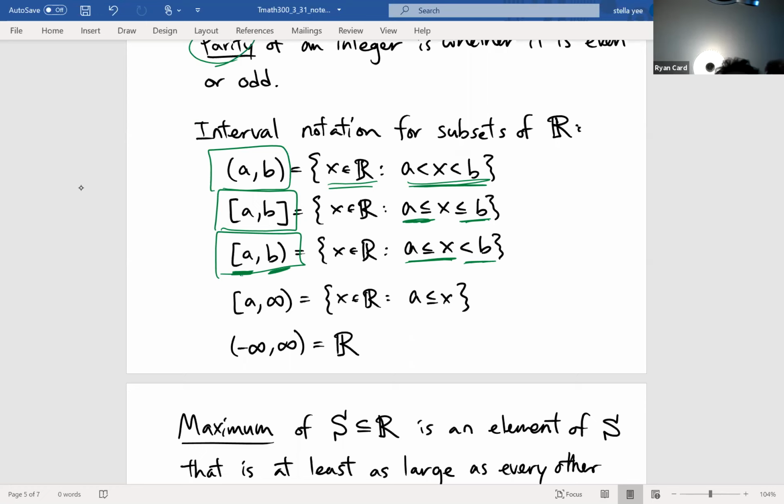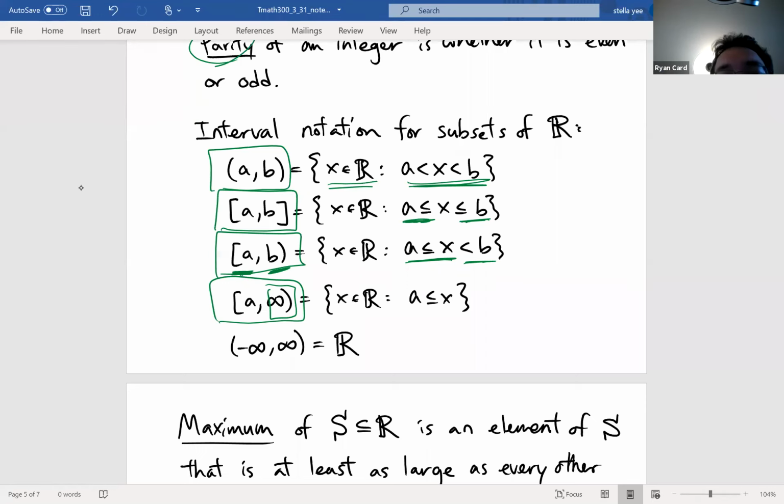You could have intervals going off to infinity. If I write something like this, it means any real number that's bigger than or equal to a, and there's no restriction on the upper end. But when you write infinity here, you never include infinity as a member of the set, because infinity is not really a number.